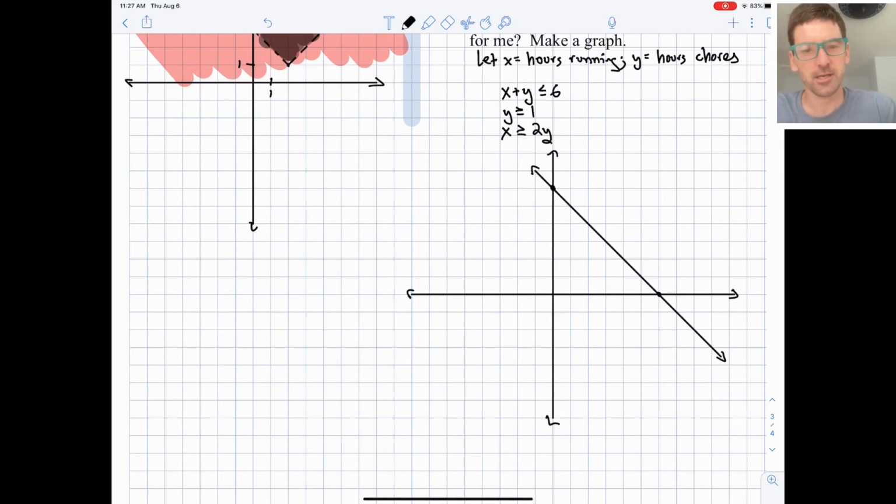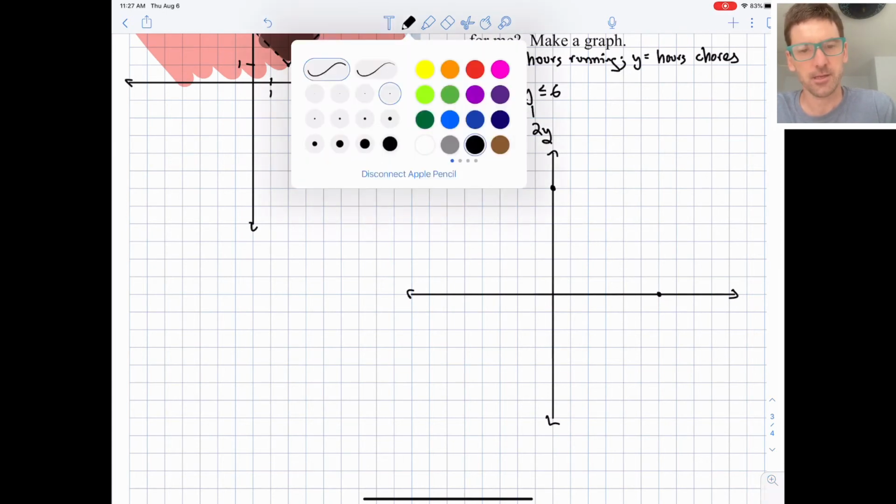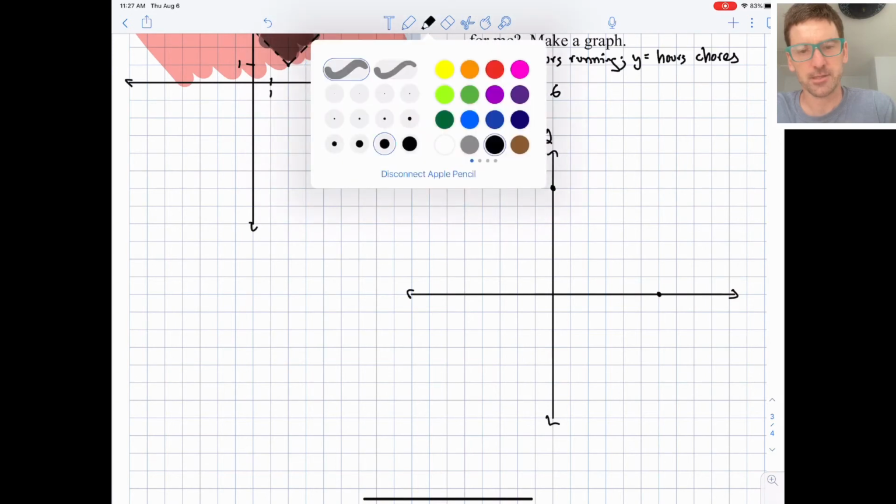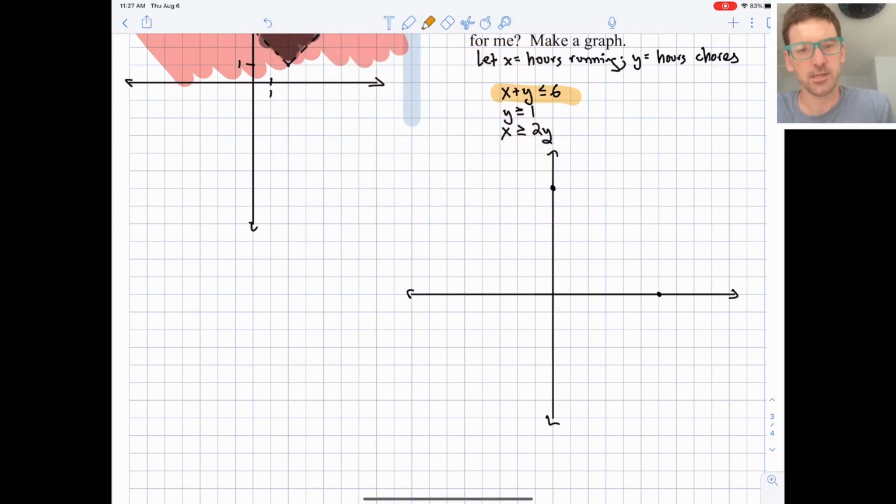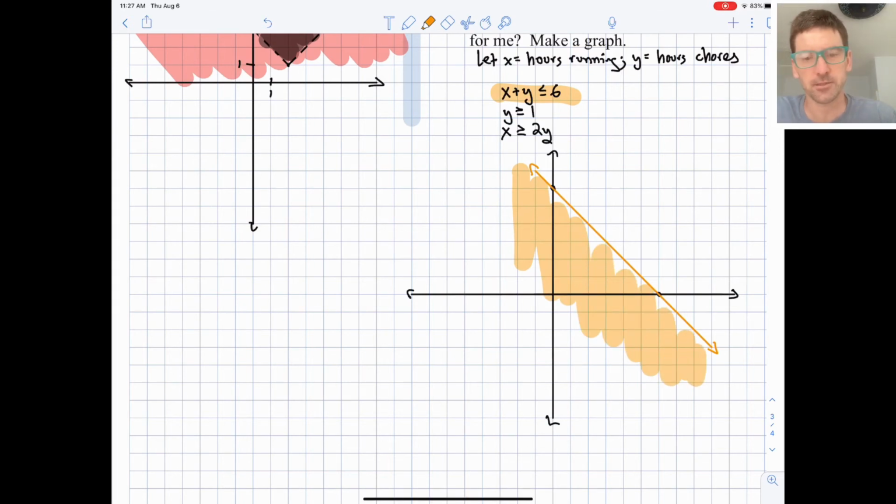And let me actually try to color coordinate a little bit better now that I am thinking about it. So let's have this one be orange. x plus y is less than or equal to 6. What I'm graphing right now is telling us what our limitation is in terms of total hours available this weekend.